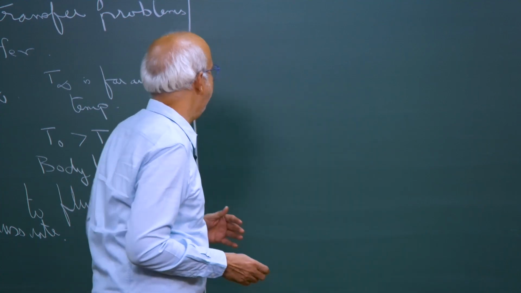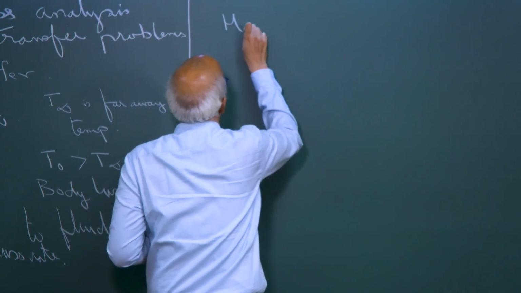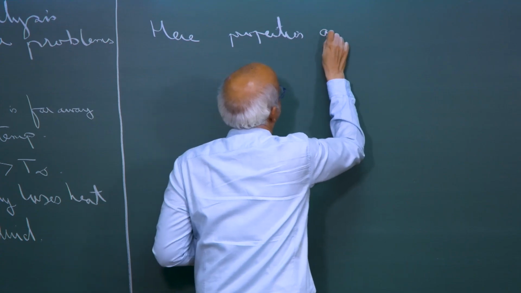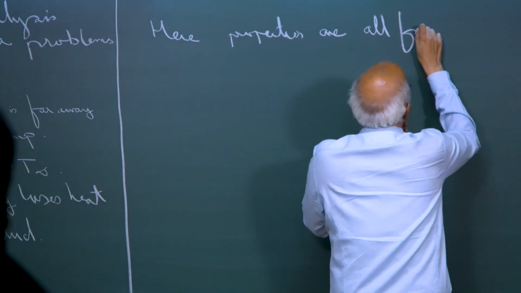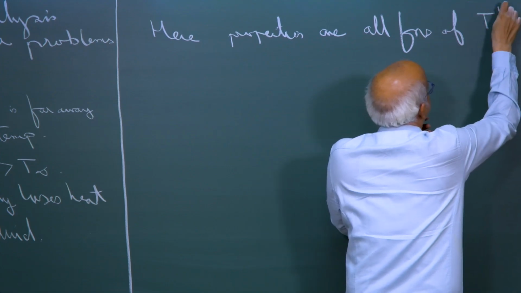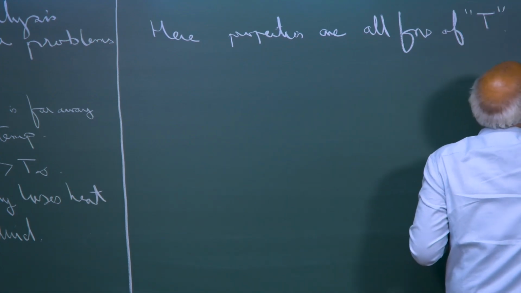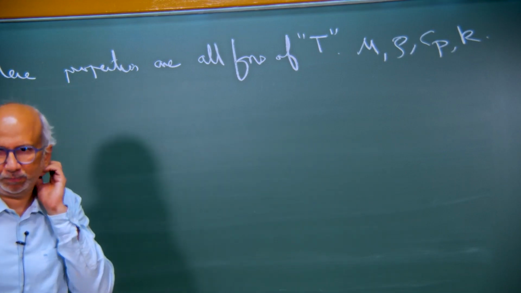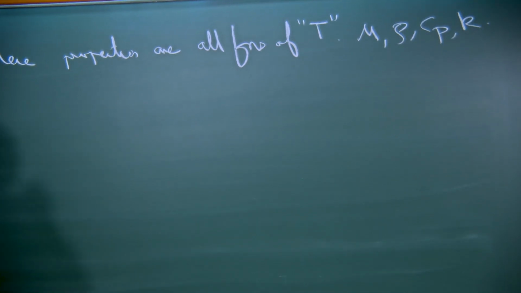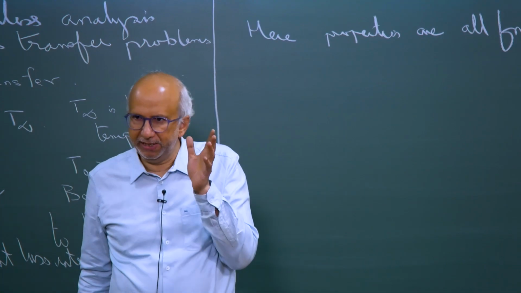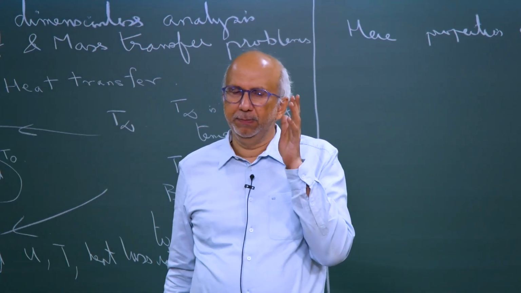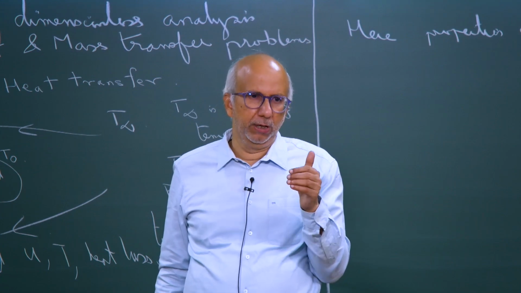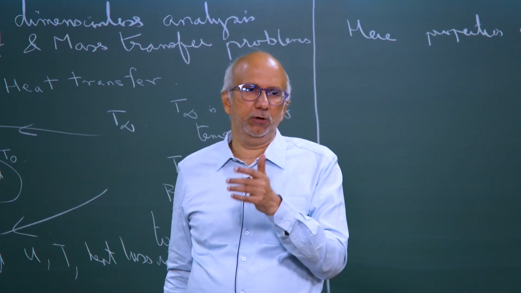Okay. So, basically in heat transfer problems, properties are all functions of temperature. For example, mu, rho, Cp, K, whatever. Okay. And supposing you are interested in analyzing the problem of natural convection, then you have to necessarily include the effect of density dependency on temperature.